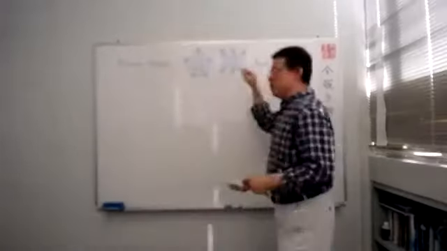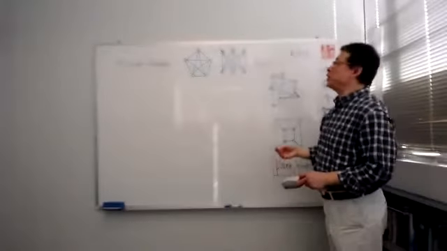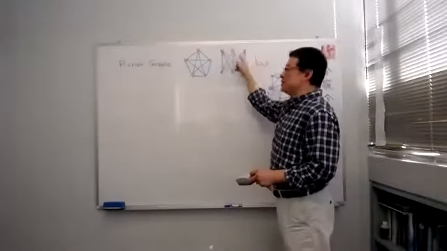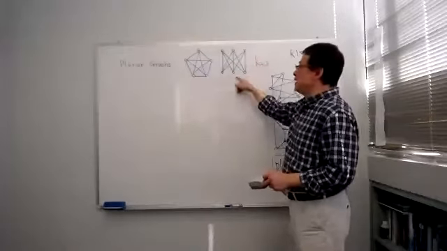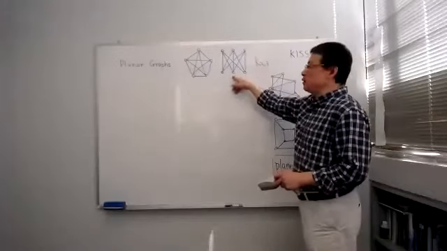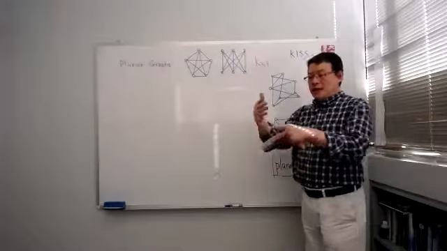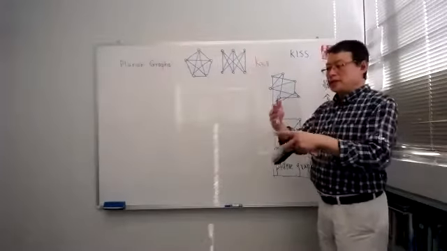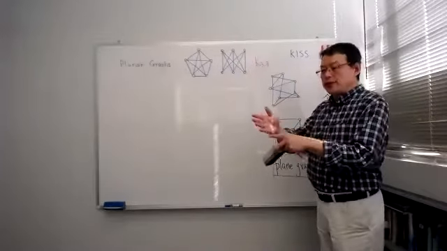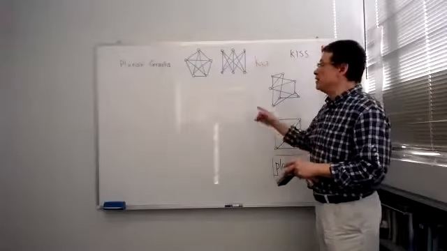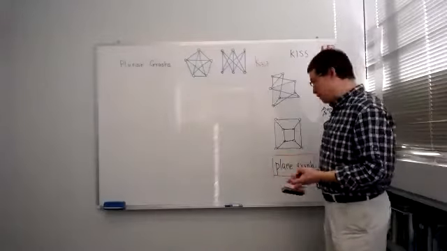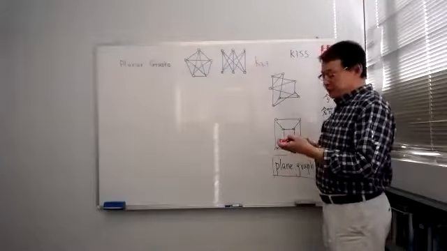Typically, this problem will be posed as a puzzle. Typically, three houses, then three different utilities: gas, maybe electricity, water. You have to link them to these three houses. But these lines, electric line, gas pipeline, water pipeline, should not cross each other. All right. So let's see how we can draw this one.